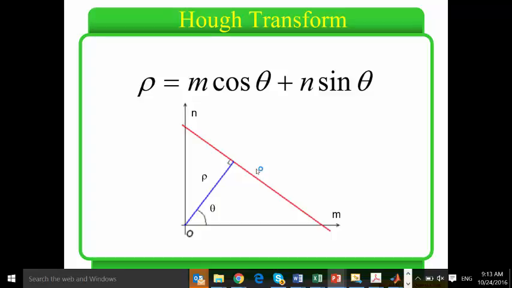Okay, this is N, right? Not good. And this is angle theta, and this is a right angle triangle, right? So this distance here is equal to how much? N sine theta. What is the relationship between this distance and the ST?